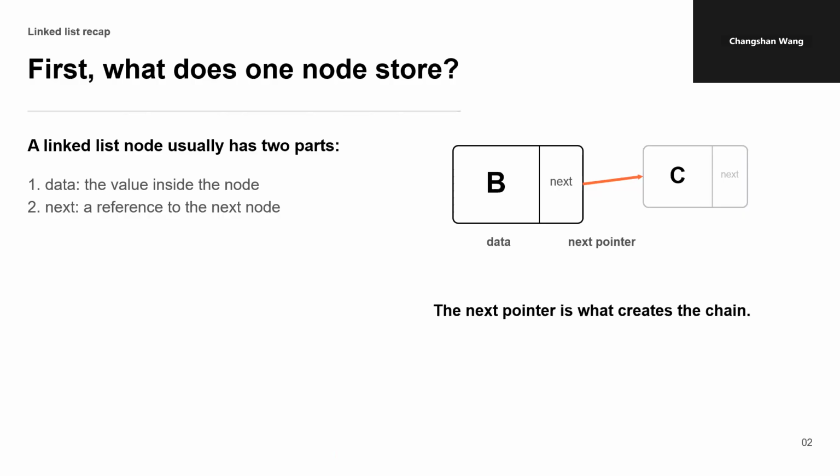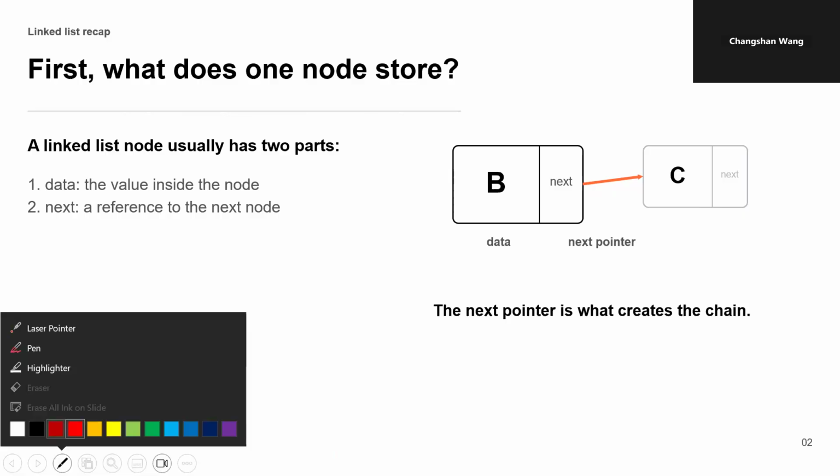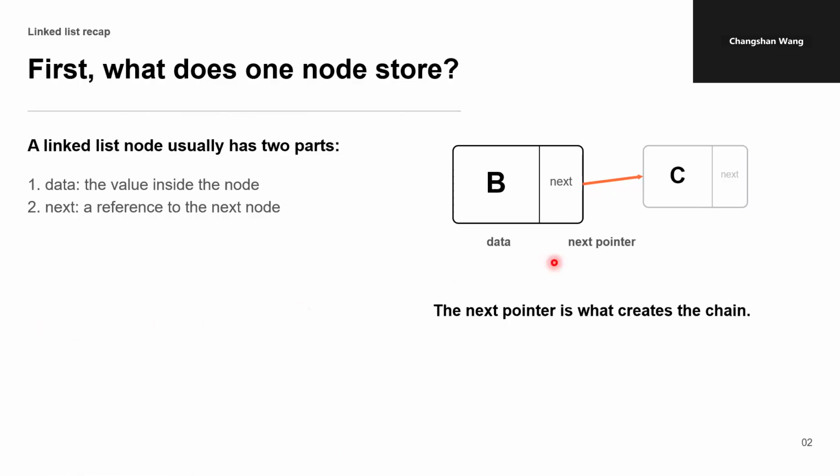The first part is the data, and the second part is the pointer. The pointer points to the next node, I mean, the address of the next node. The data is the value inside the node. The next is a reference to the next node.